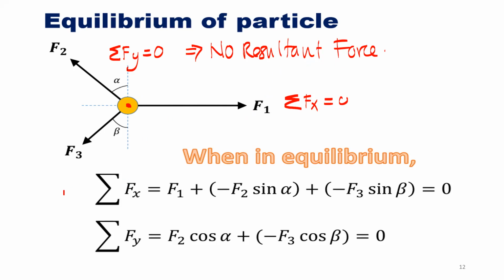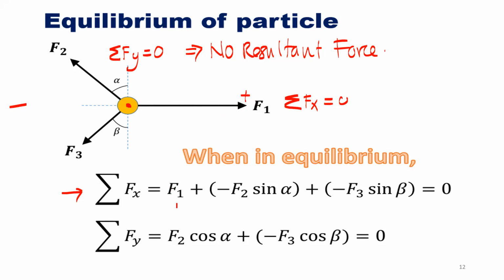First, look at the horizontal x. So in horizontal, up to me, I can choose the forces acting to the right as positive, and the forces to the left, I can take as negative. So the only force acting to the right is F1.